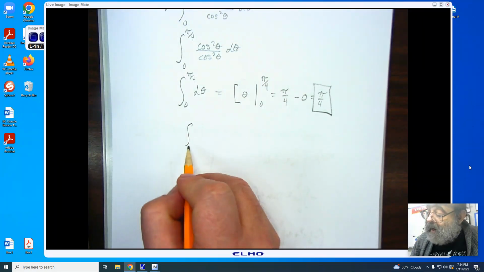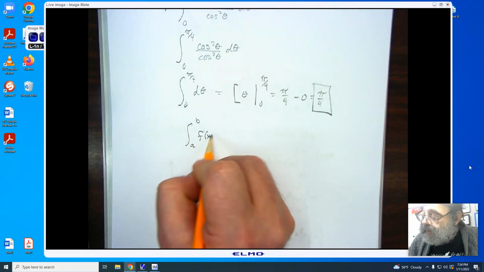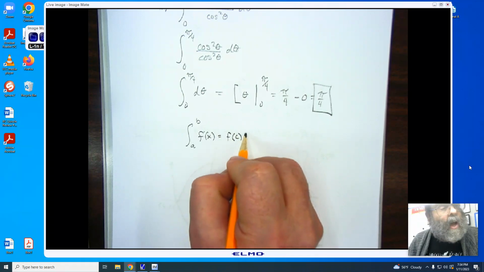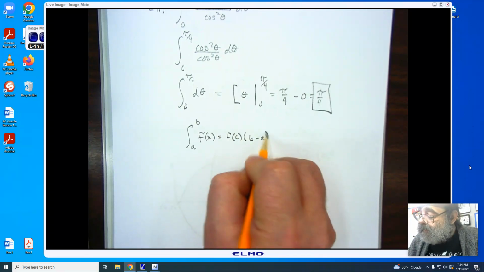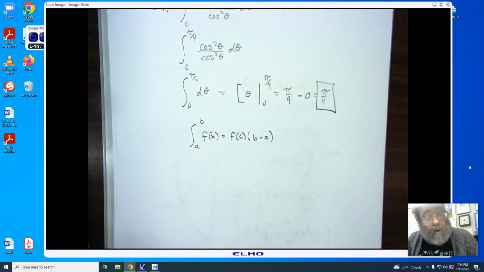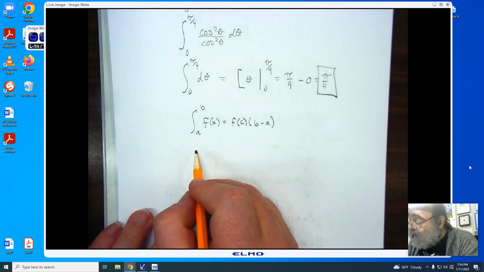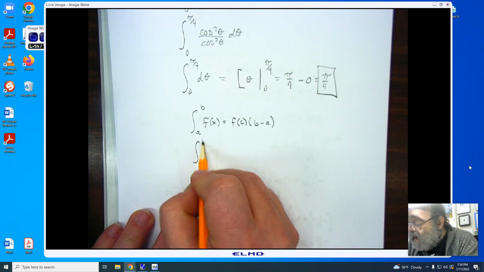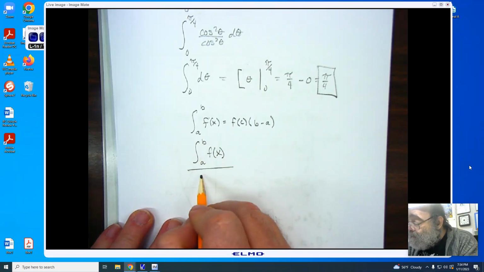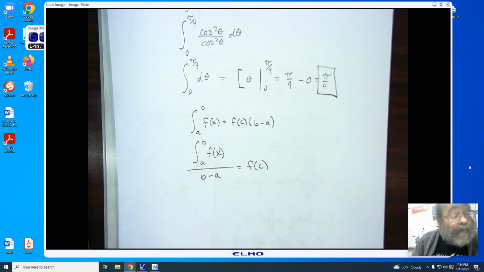We're talking about a to b of f of x dx, and it has to equal f of c times b minus a. Now, you'll notice if I have this function, in order to find my mean value, I'm going to want to figure out what is the integration of a to b of f of x divided by b minus a equaling f of c.